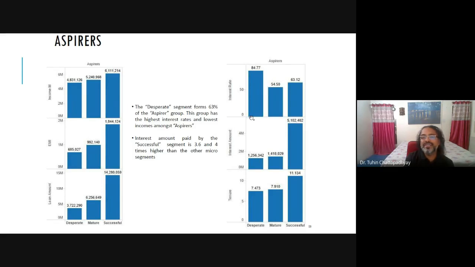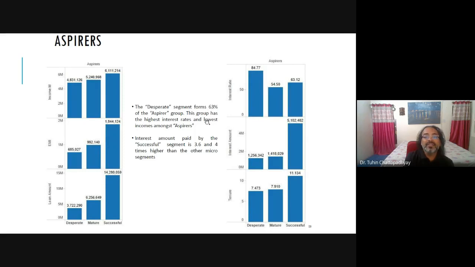Out of that, one segment is paying 85% interest. Can you imagine? Shouldn't I call them desperate? They're desperate to purchase, desperate to take the loans. That's why they are called disparate.